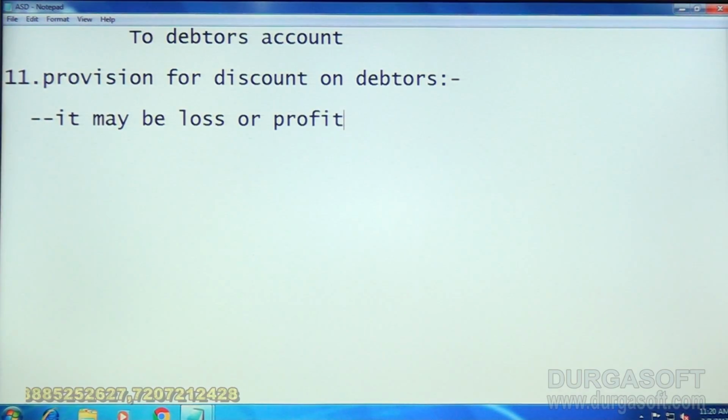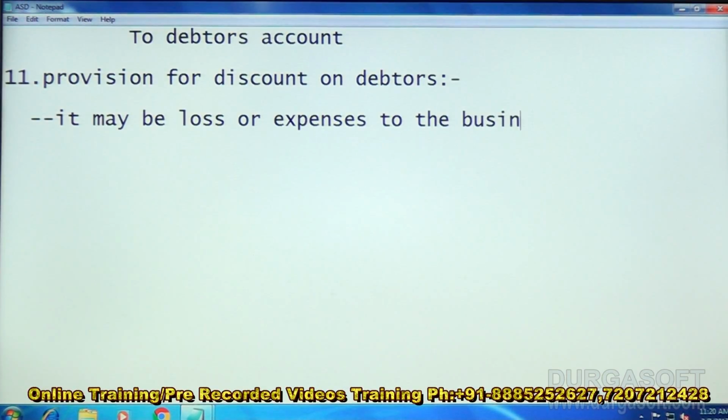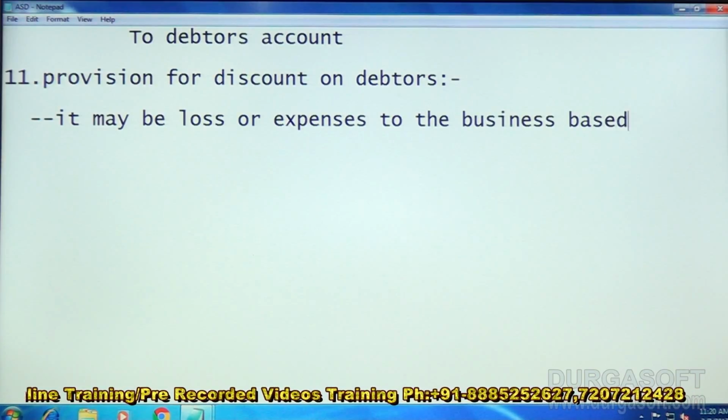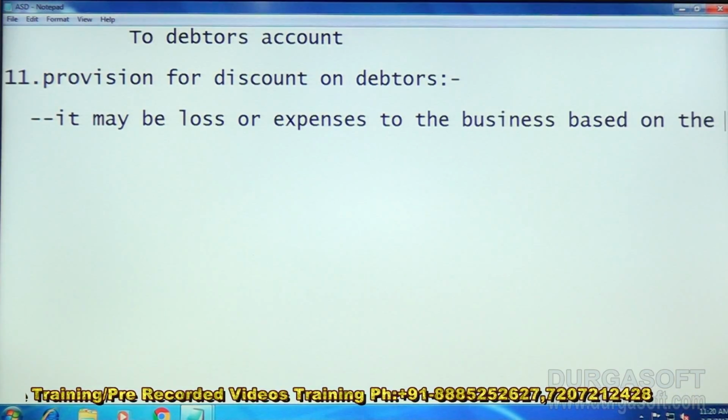It may be loss or profit to the business. Not profit, just like expenses, expenses to the business based on the discount.